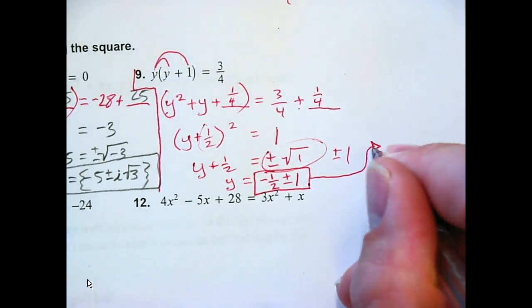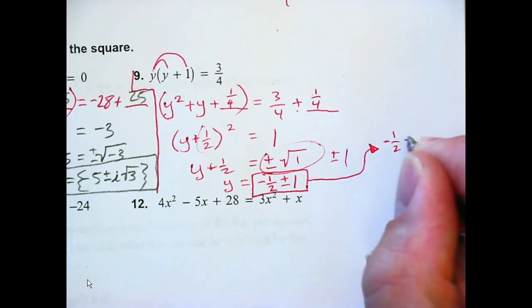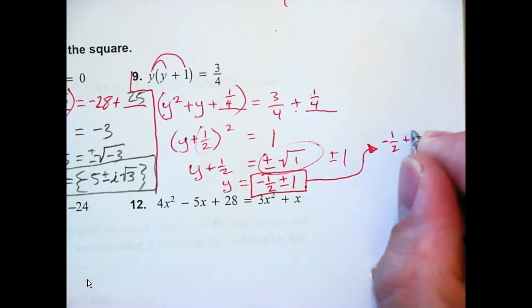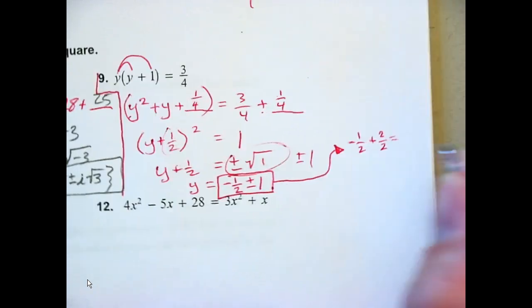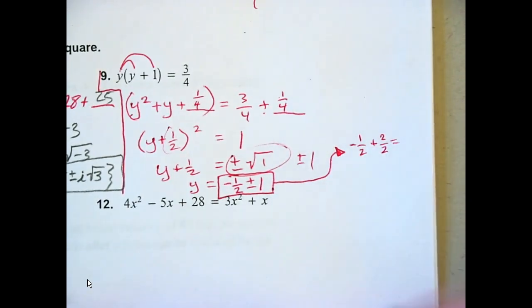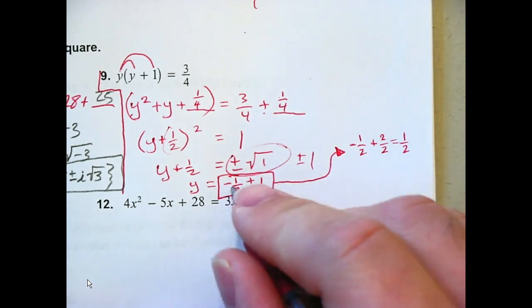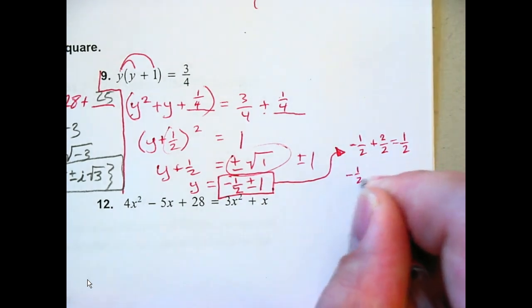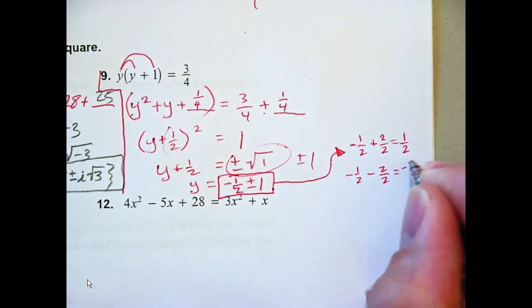It scares me. You had negative 1/2 plus 1 in terms of halves is how many halves? 2 halves. So I'm going to call it 2 halves so I can add those and feel good about myself. Okay, because I'm adding fractions now. That's 1/2. All right. And then I have negative 1/2 minus 2/2, which is negative 3/2.